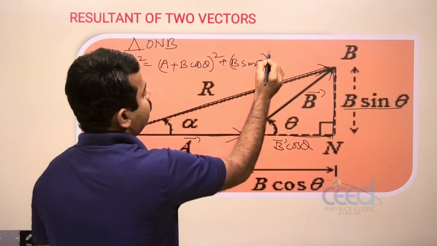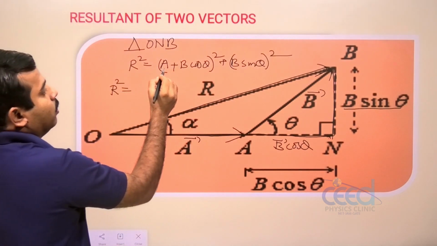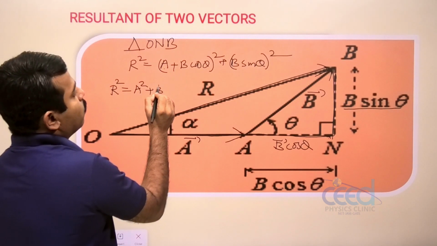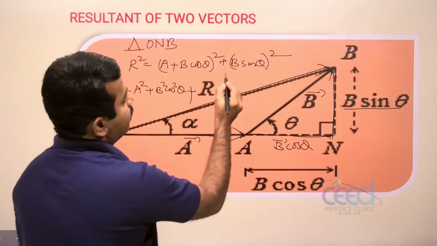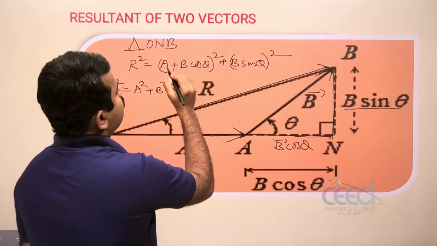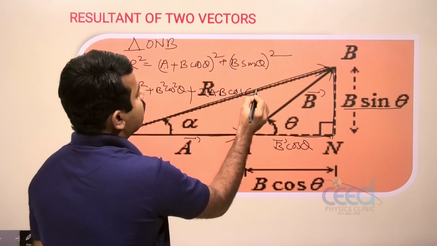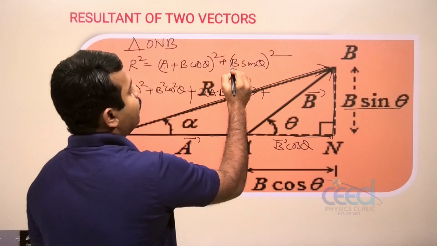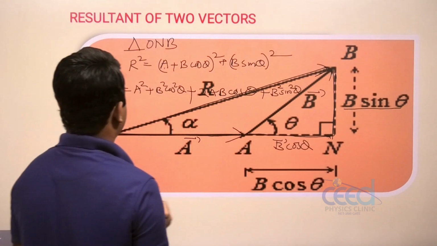Now R square is equal to A square plus B square cos square theta plus 2AB cos theta plus B square sin square theta.